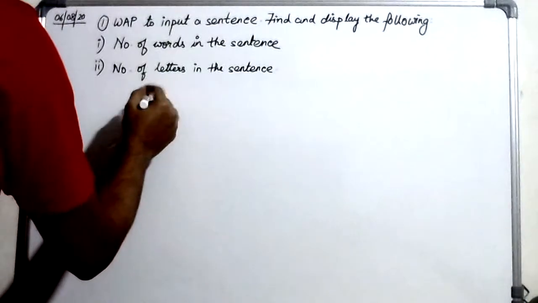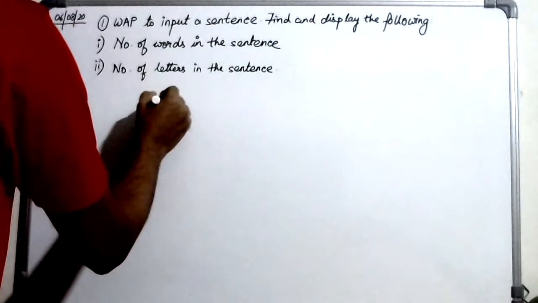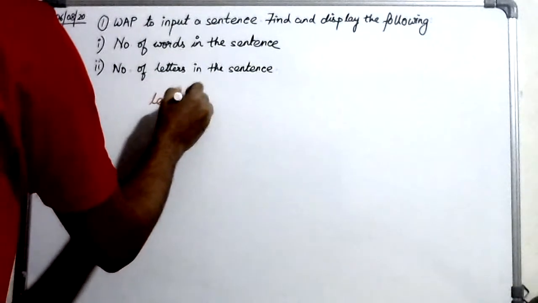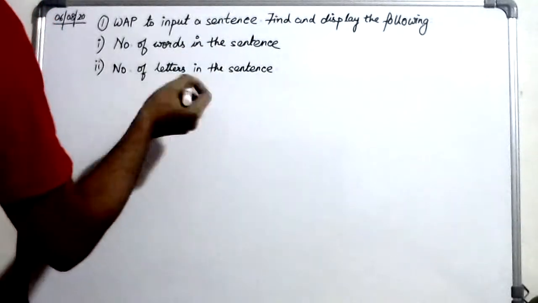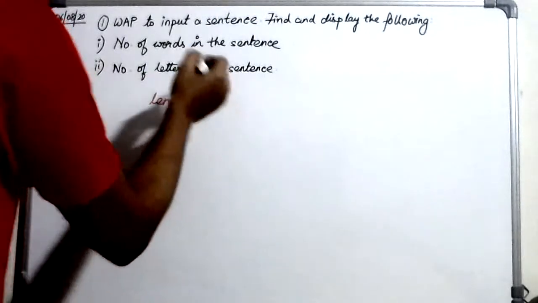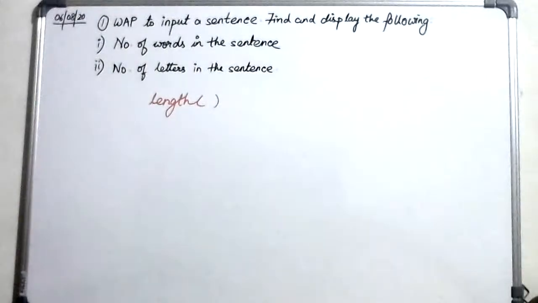We had already studied the string.length function. Remember, this function returns the number of characters in the string on which it is called, which is nothing but the length of the string.